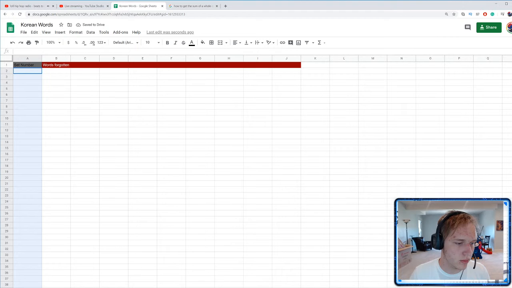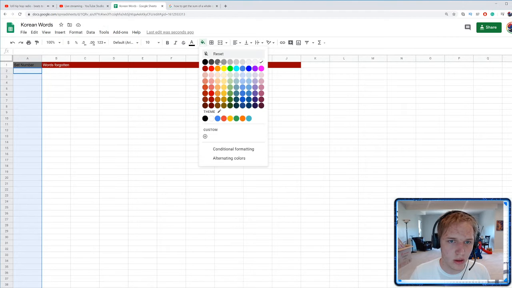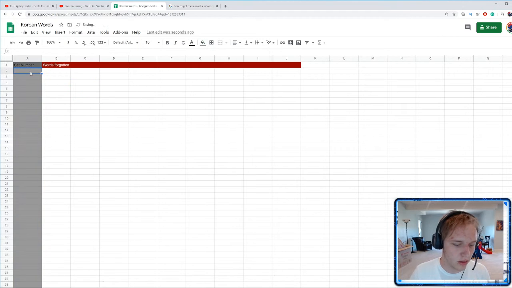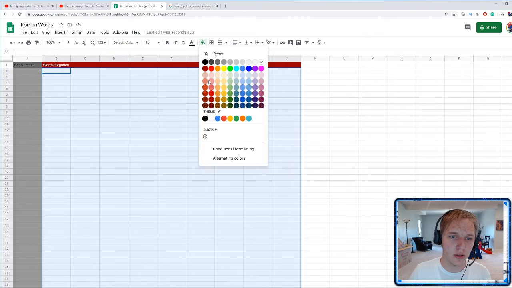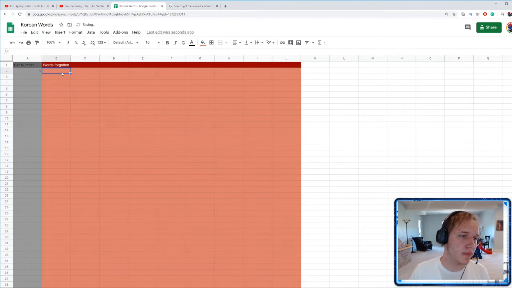And then we'll go down just to 40, put in a light gray, number 1, for example. And then here, just highlight that. I'm going to make this just a color like that, which is forgotten.